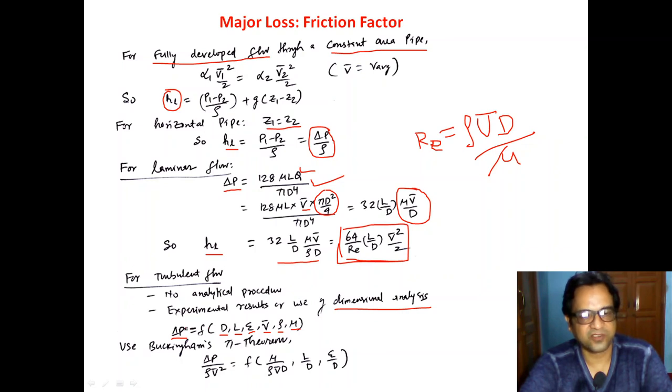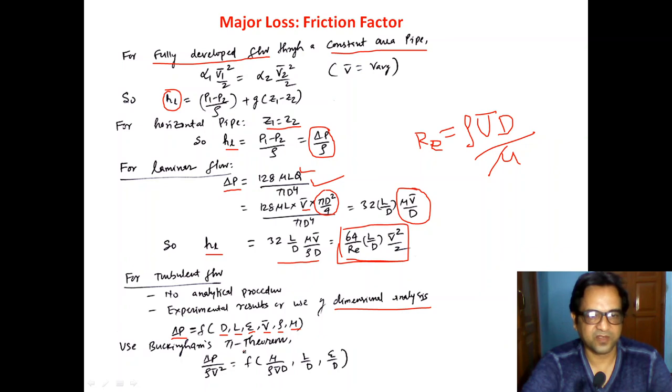So the pressure drop depends on these 6 dimensional quantities. In non-dimensional analysis there is an important theorem known as Buckingham's pi theorem. By using it, we can get non-dimensional numbers out of these dimensional quantities. How many dimensional quantities are there? 6, and this is 1, so 7 dimensional quantities.